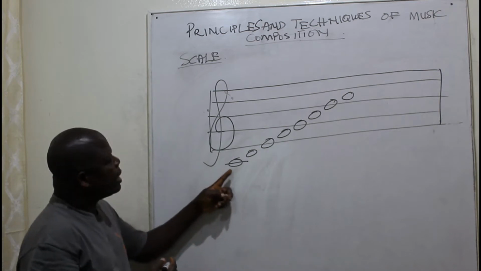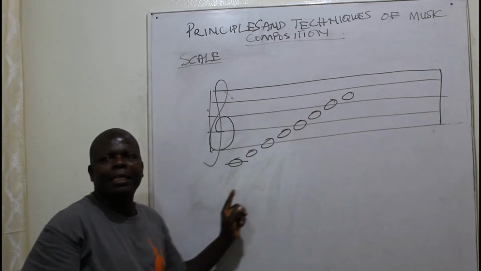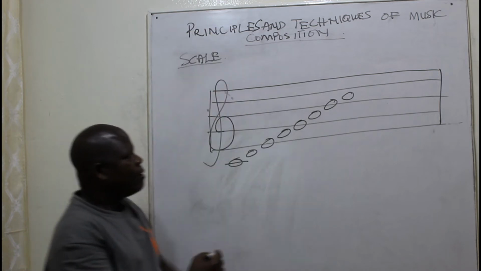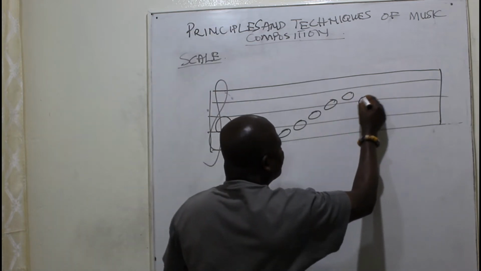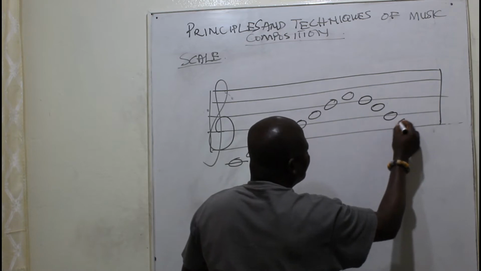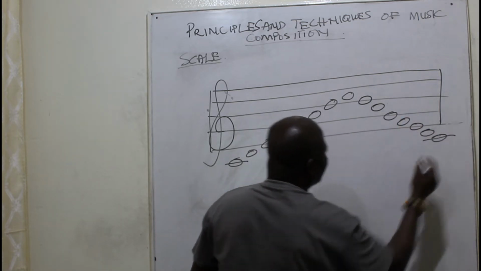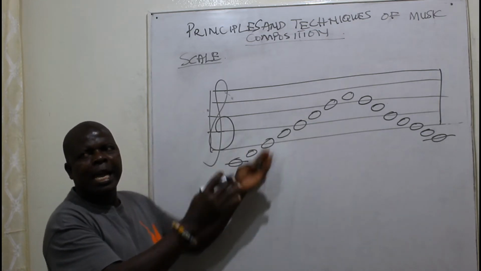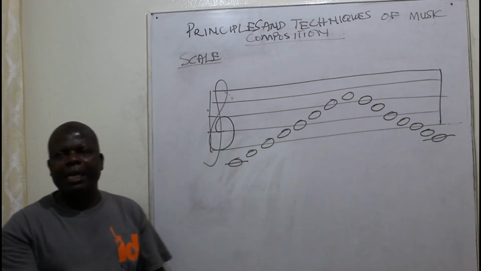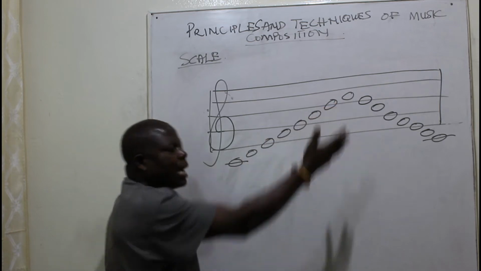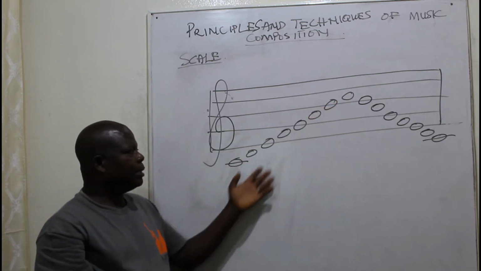When it is moving up like this, it is in ascending order. When you are coming down, it's the same thing, so both ascending and descending. This is how the scale behaves.